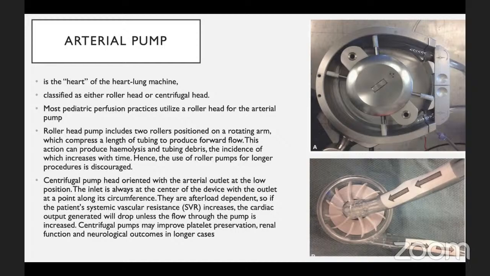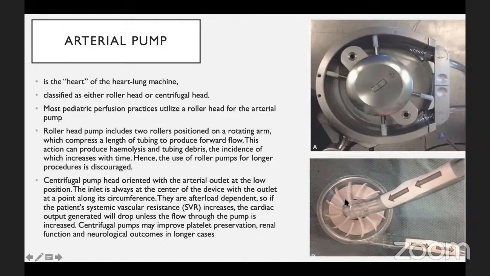The roller pump has 2 rollers positioned on rotating arms, like in this picture, which compress the length of tubing to produce forward flow in a counterclockwise direction. This action can produce hemolysis of the blood and tubing debris, the incidence of which increases with time. Hence the use of roller pumps for longer procedures is discouraged.